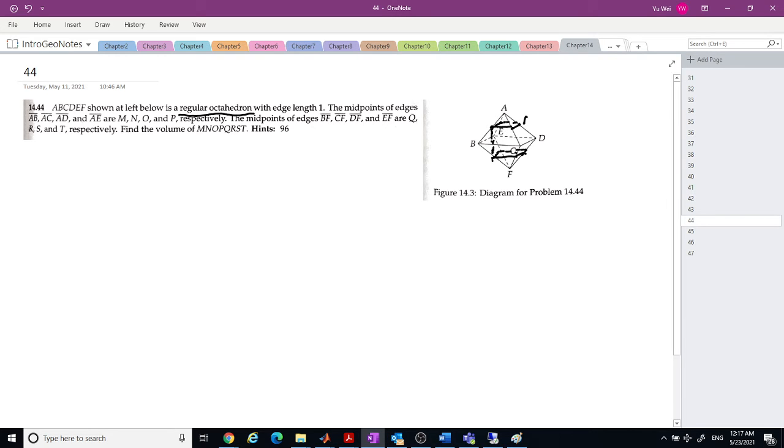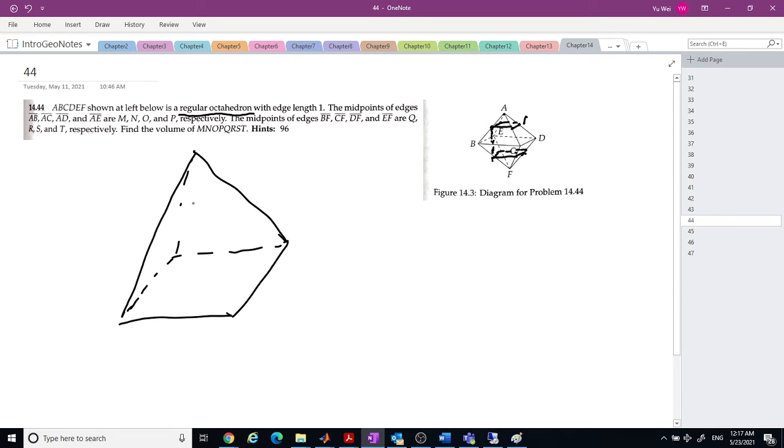So you can see, maybe let me draw a big picture here. What you want to calculate is the height of this, right?